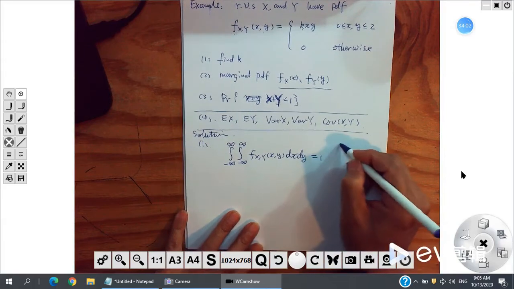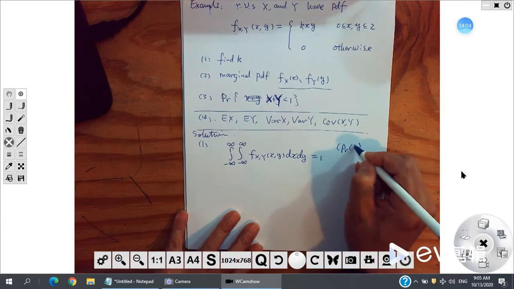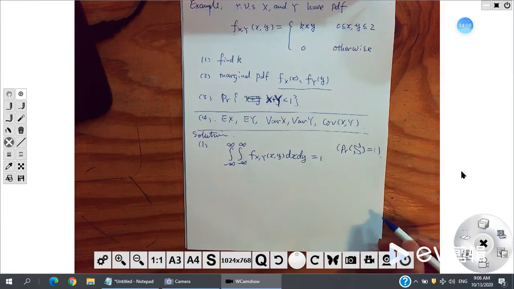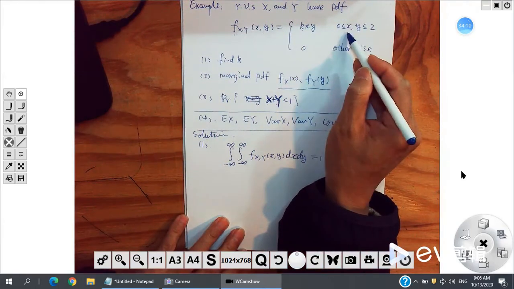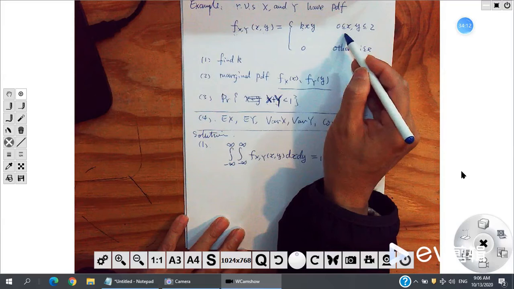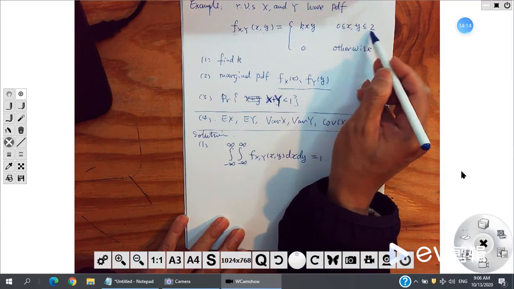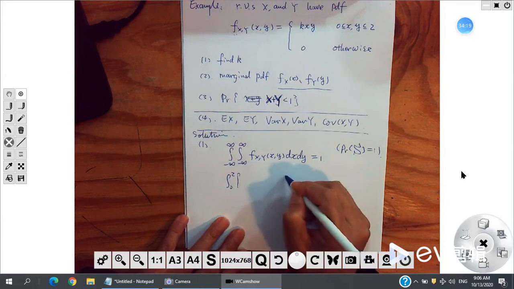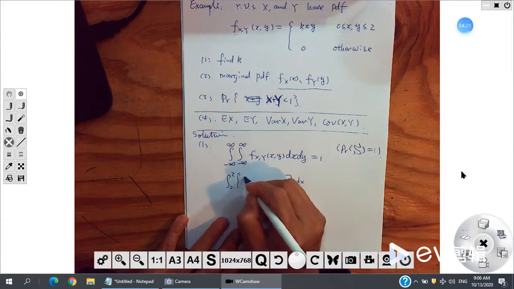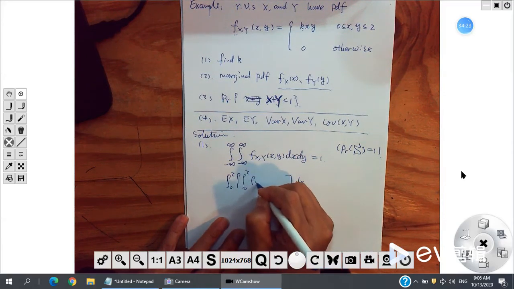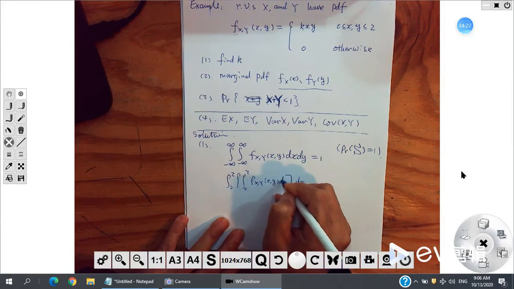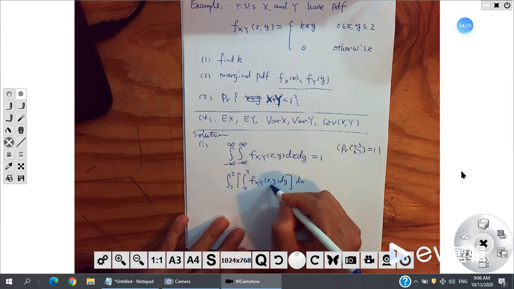That means the probability of the whole sample space is 1. You can think of this as the sample space, from 0 to 2 for x and also 0 to 2 for y. And the integrand is k times xy.